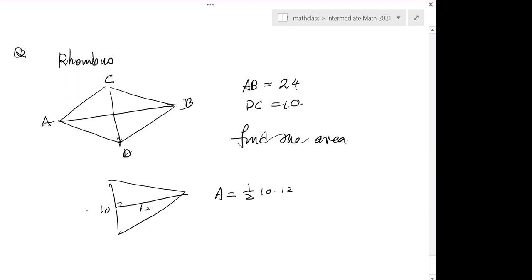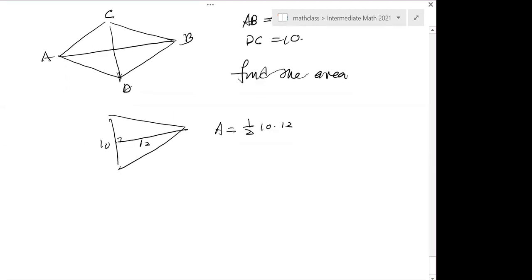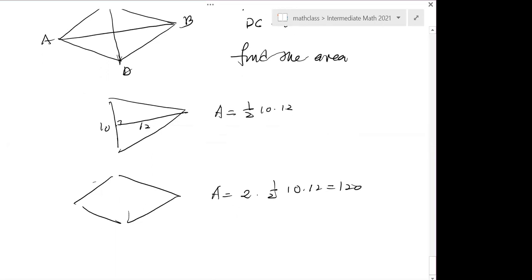So the area of the rhombus is going to be double of this, 2 times, so this 1/2 is canceled out, just 120. Just equal to 120.